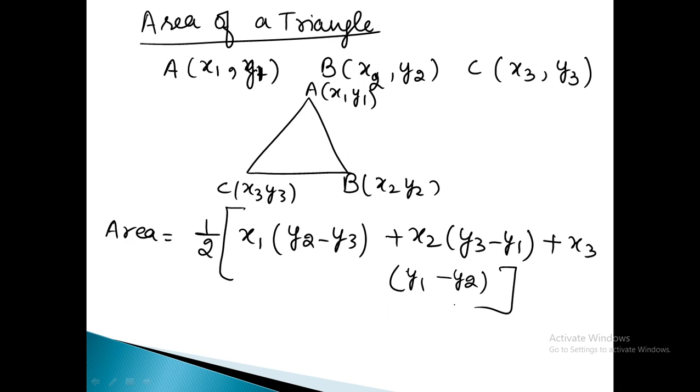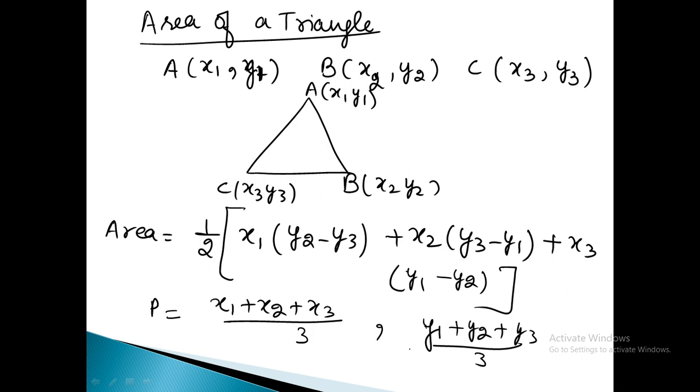Now, if we have not been given the y value, then you can find these values: (x1 plus x2 plus x3) over 3, and the other value will be (y1 plus y2 plus y3) over 3.